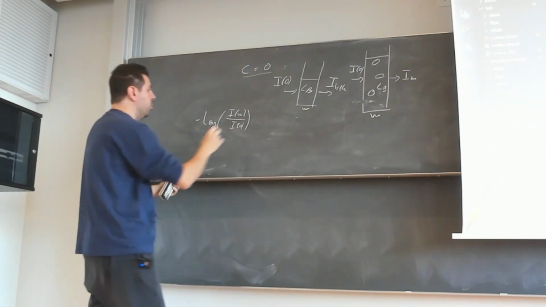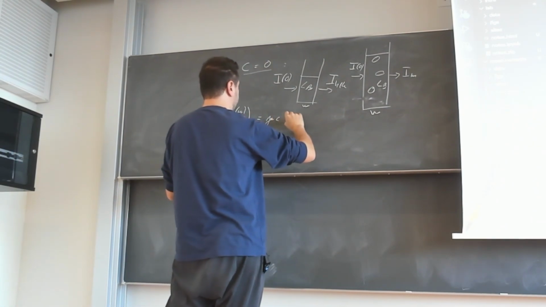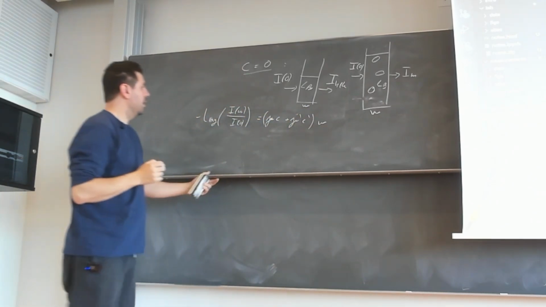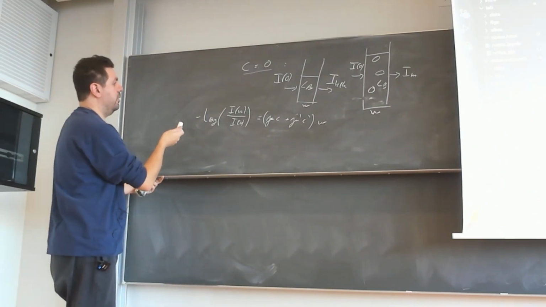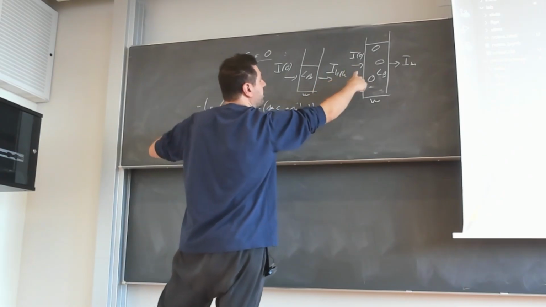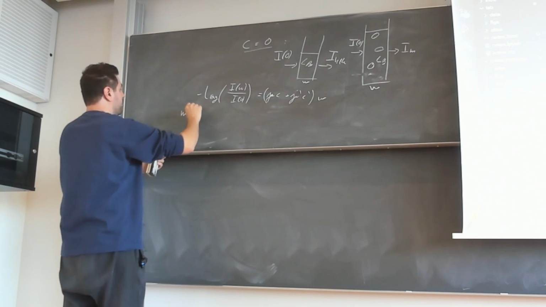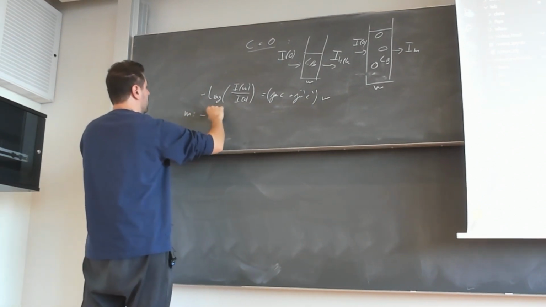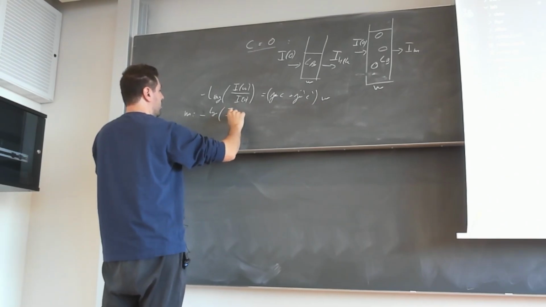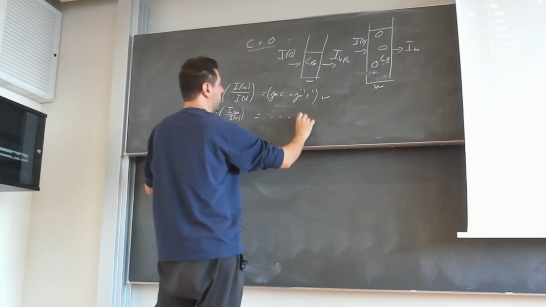And we know that this is equal to gamma C plus gamma prime C prime W. Depending on whether we make a blank measurement, let's take this measurement first. With M for the measurement itself, we will have minus log of the measurement divided by I0, so this will be exactly what is written here.